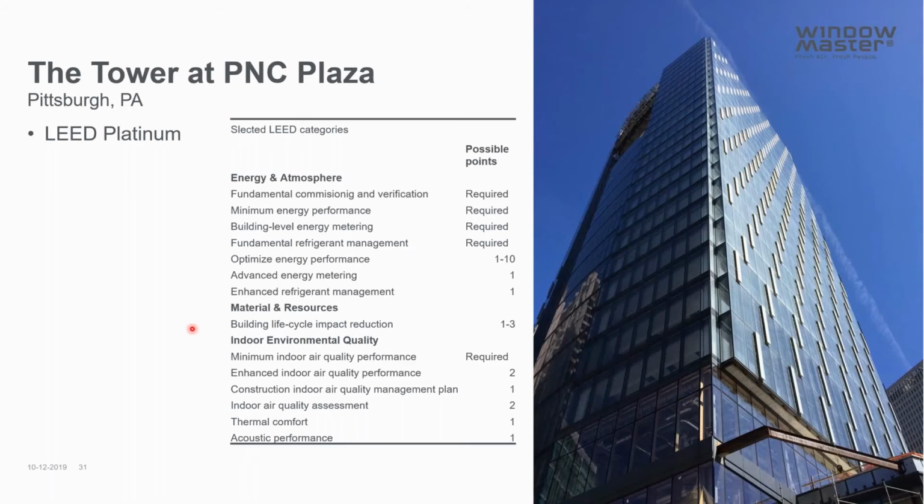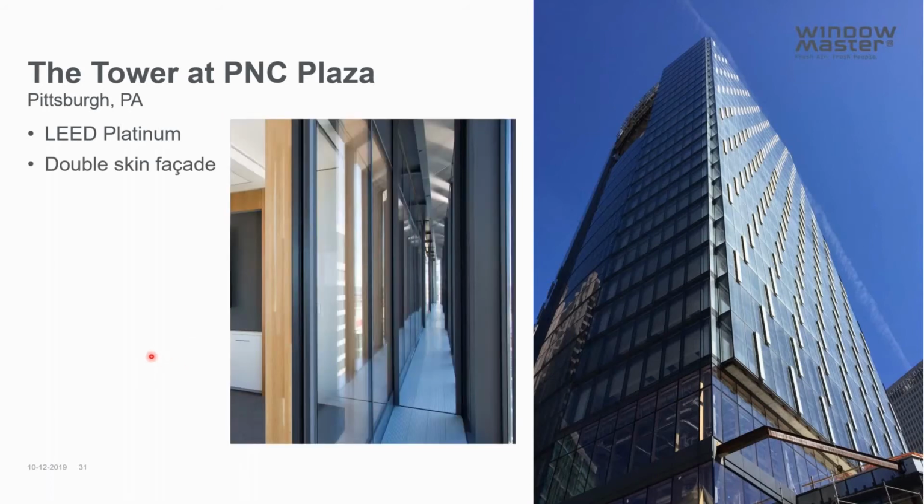I won't go into too much detail about this. This could be a webinar in itself, but it's just worth mentioning. The natural ventilation system in this building is based on a double skin facade, where you have the external windows, as you can see in the right picture, these parallel pop-out windows, as also mentioned before in relation to the window types.